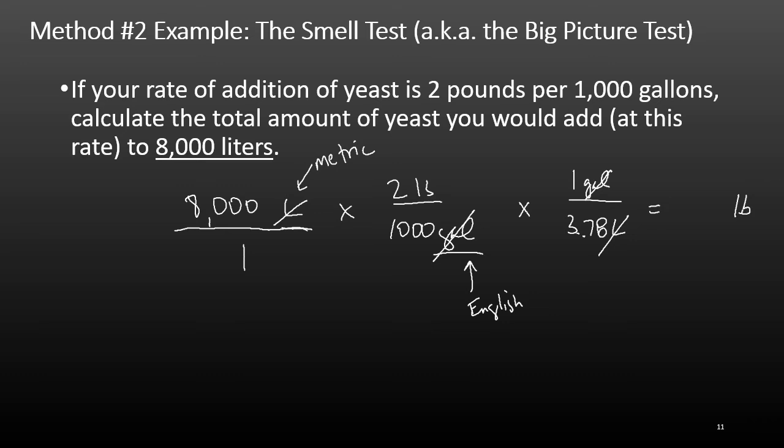Because the only units remaining after we cancel are pounds. So now if we did the math, and I'm going to pause here and do the math, the answer turns out to be 4.23 pounds. Okay, so does that look right? That's the question that the smell test or the big picture test asks us.